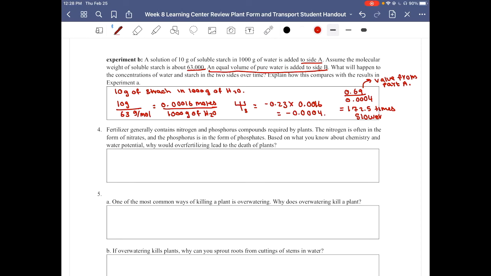Yeah, so it's a lot heavier molecule in starch. So that could also be why. It could also be because the difference isn't that great between the water without starch and water with starch compared to the sucrose. But it definitely comes from the heavier molecular weight because that's what we're dividing it by, and that's what gave us such a small number.